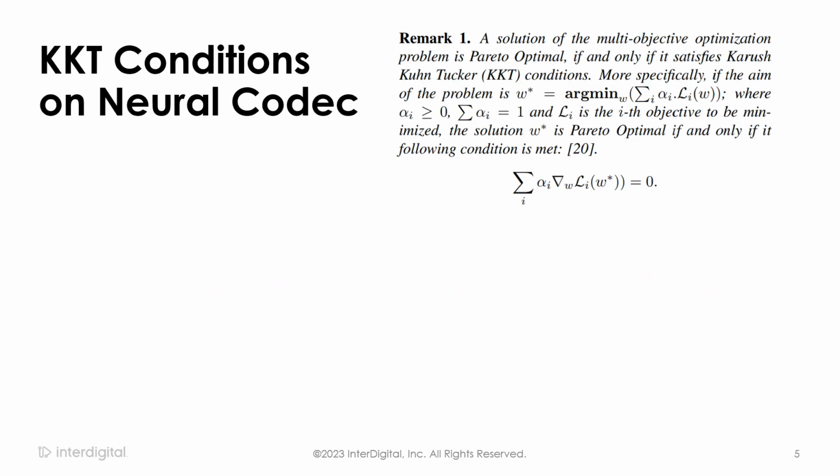It is very well known that the optimal solution of a multi-objective optimization problem should meet the KKT condition. In plain words, this remark shows that at the optimal point, all forces driven by gradients cancel each other out and the solution reaches a saddle point.